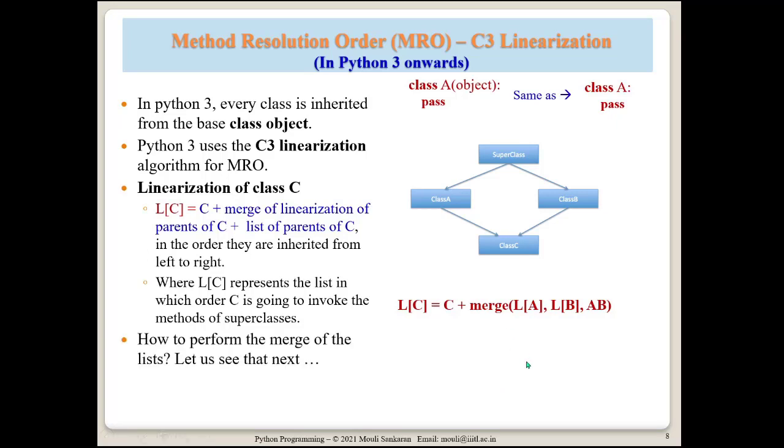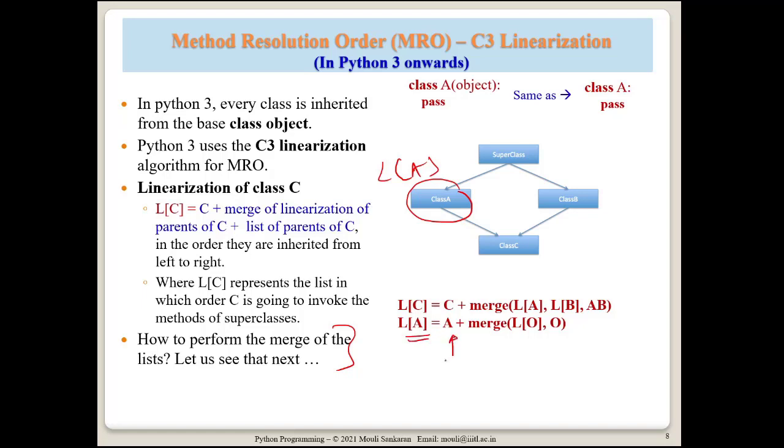Now we have to find out how we do the merging of this. Merging is not straightforward; some steps are involved, so we are going to see that. I am not going to show you how to do this now, but let us recursively define how LA is found. Look at LA.